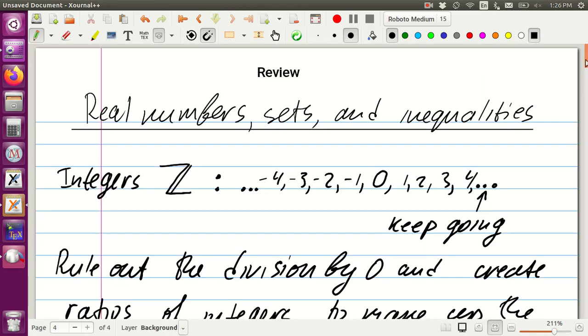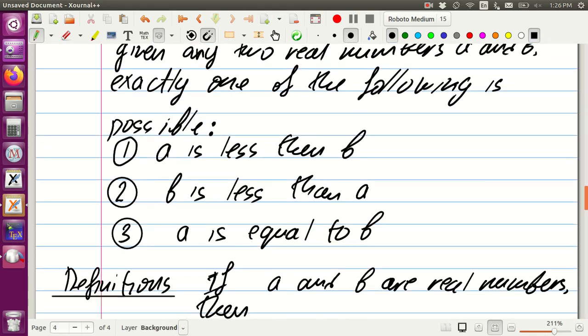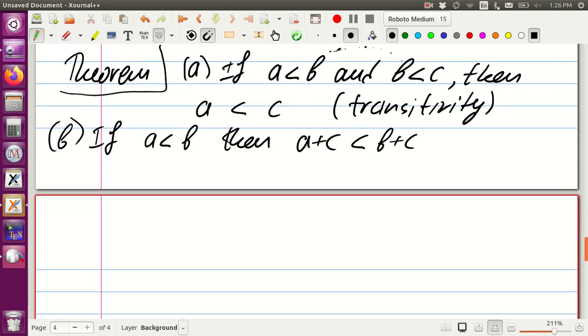Okay, so the next rule that we get is part C, which says the following.